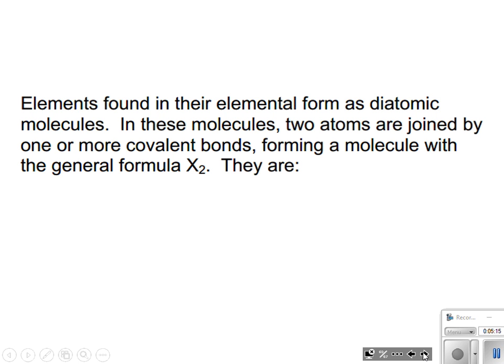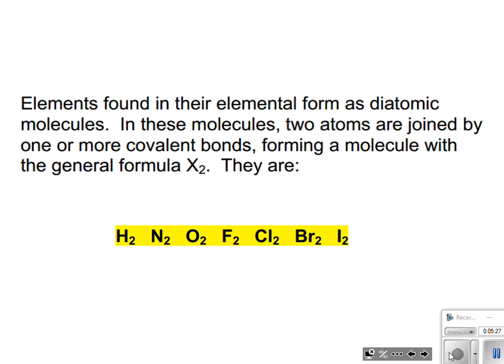Now, why do we call these the Super 7? Because there are 7 diatomic molecules, and here they are listed. Hydrogen, nitrogen, oxygen, fluorine, chlorine, bromine, iodine. Ladies and gentlemen, the Super 7.